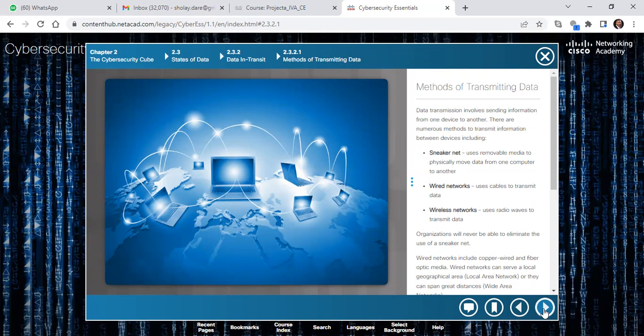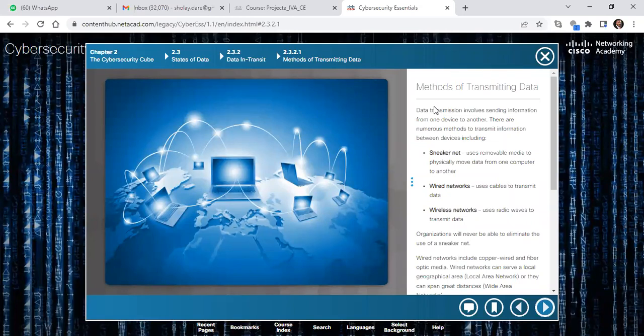The sneaker net uses removable media to physically move data from one computer to another.